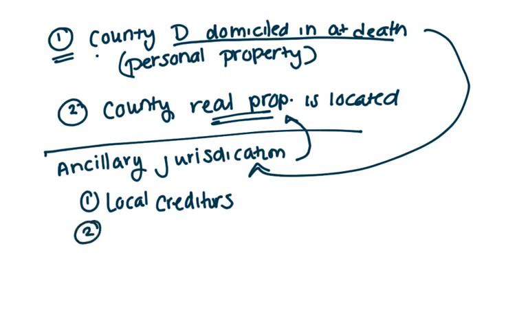The second purpose is that it ensures that proper recording of the transfer takes place and that recording is done in the county recorder's office in which the property is located. You might remember back to property law and think about how important it was to properly record and what that meant for the chain of title. And so those influences play a part in why we have ancillary jurisdiction.